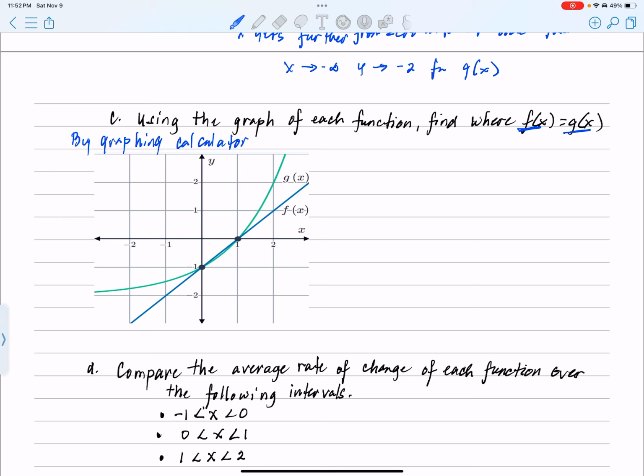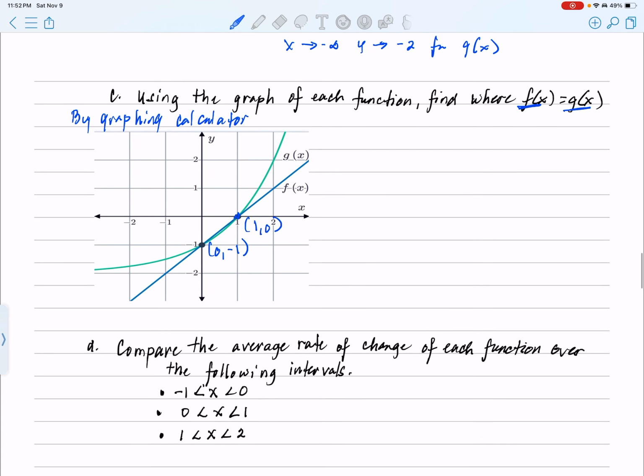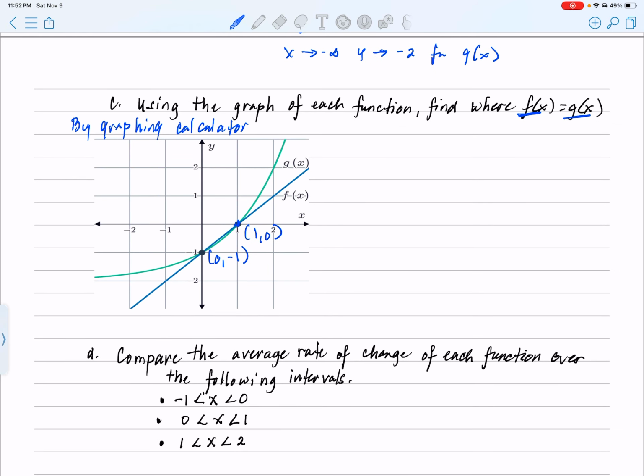We can see at this point here, since their x-intercepts are both 1, 0, and the y-intercepts are both 0, negative 1, the two functions intersect at 0, negative 1 for the y-intercept, and 1, 0 for x.